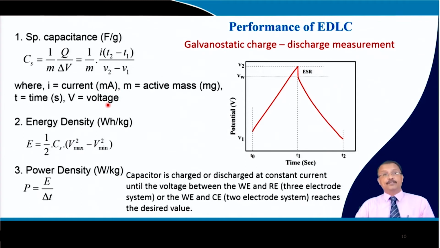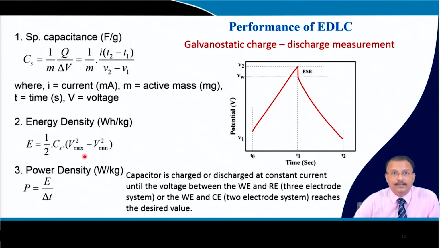Once you have the specific capacitance, then you can go ahead and estimate the energy density. The dimension is whatever per kg. So, you know that this energy is half C V squared. So, this voltage window is V squared max and V squared min.